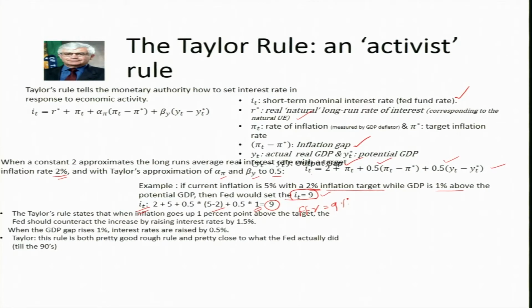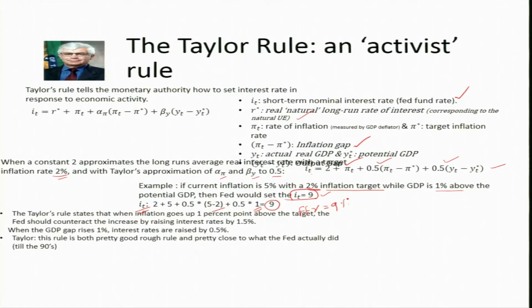The Taylor rule states that when inflation goes up 1 percentage point above the target, the Fed should counteract the increase by raising interest rates by 1.5%. When the GDP gap rises 1%, interest rates are raised by 0.5%.